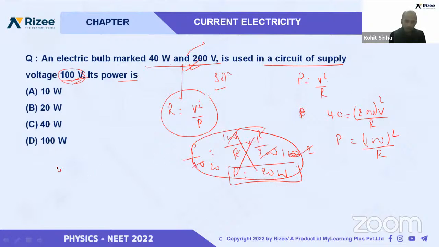We will get 40 by P is equal to 200 squared by R into R by 100 squared. We will get P is equal to 10 watt. So the answer will be A.